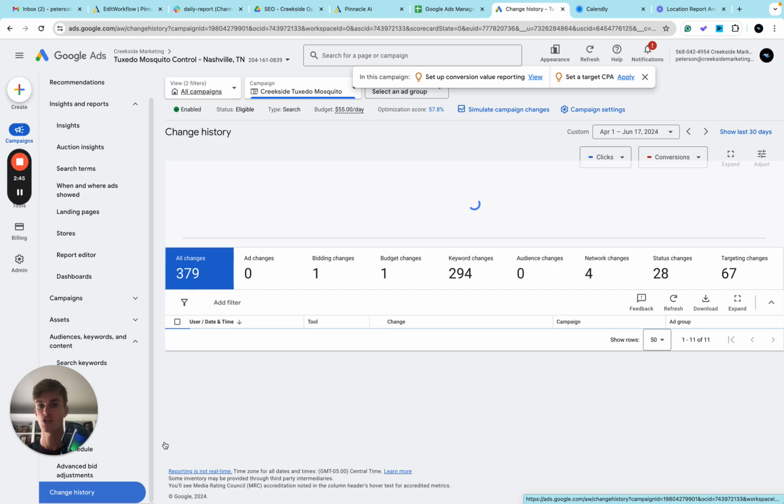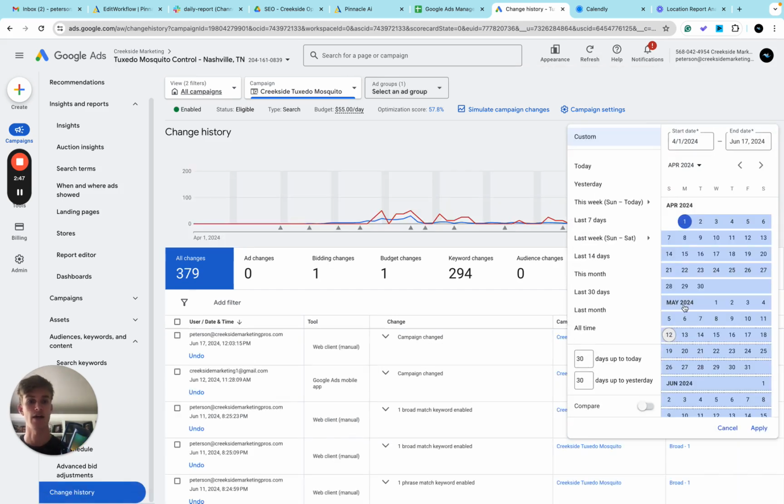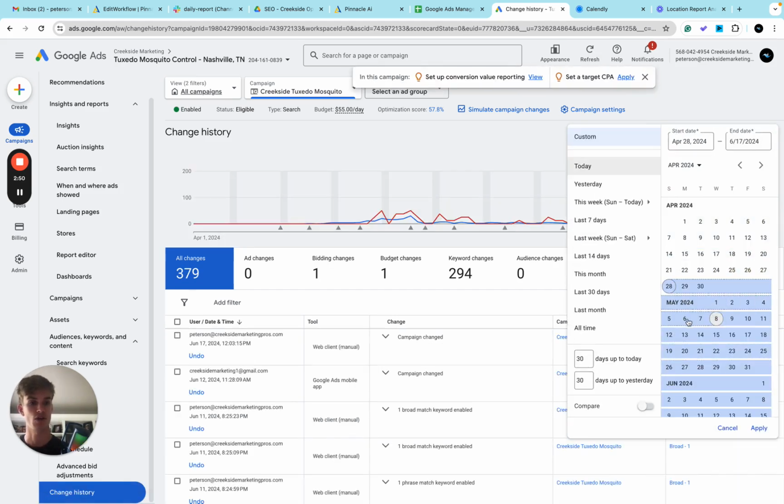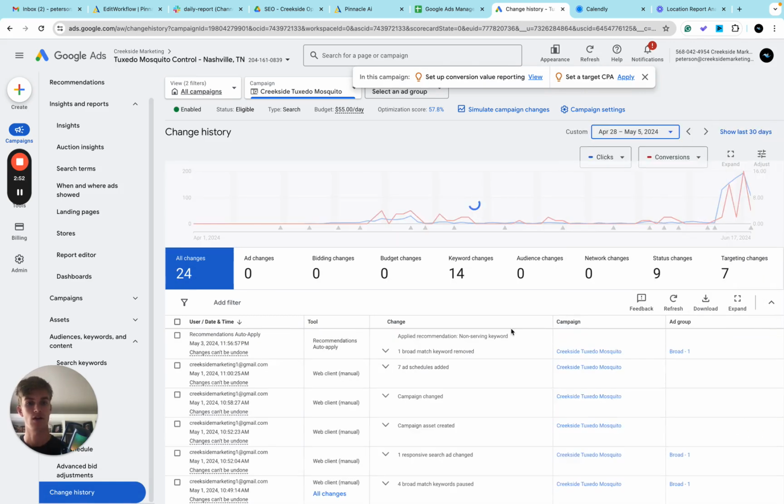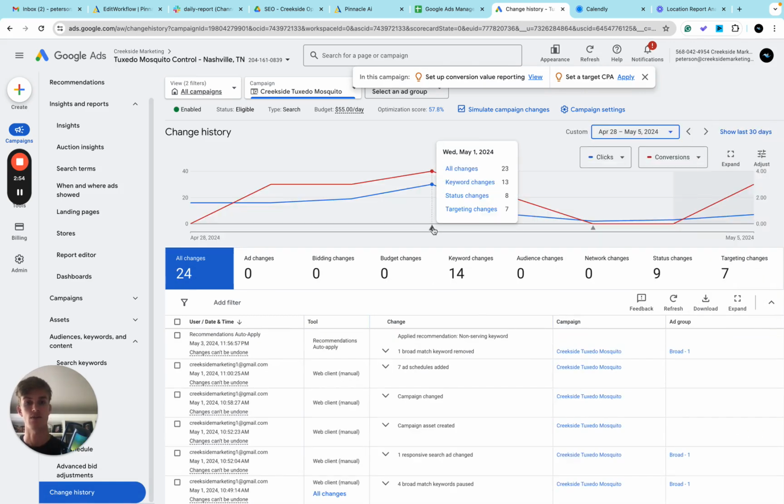Come here to change history. We're going to go back to that week that we were just looking at. Click apply. So you can see these triangles note that there were changes made, and we can note that very clearly there was a change made and then performance drops.